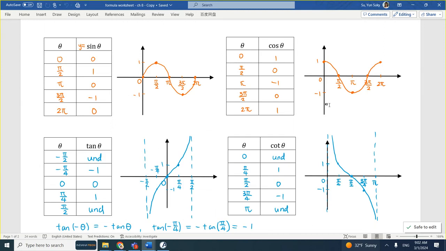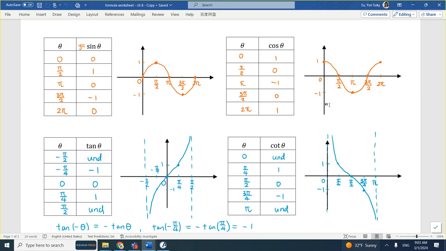Sine starts with 0, and they go up, down, back up. Cosine starts with 1, they go down, they go up. The period for sine and cosine is both 2 pi. Therefore, the 5 key points spread evenly over the 2 pi period. That's why you get 0, pi over 2, pi, 3 pi over 2, and 2 pi.